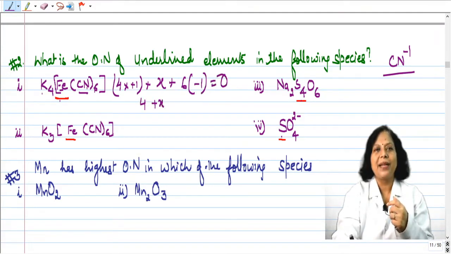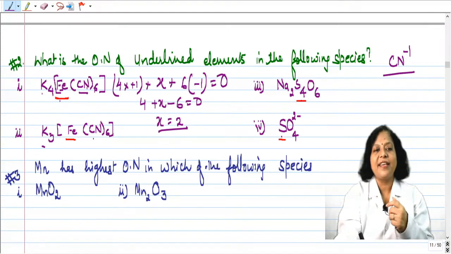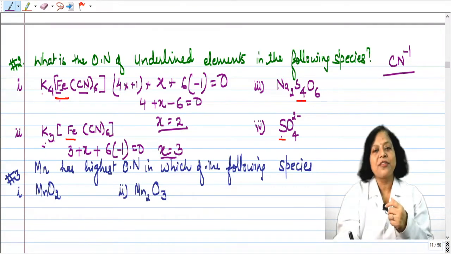So 4 + X - 6 = 0, or X = 2. So iron is in +2 state. Likewise, we can calculate for K3Fe(CN)6. Over here, this will become 3 + X + 6(-1) = 0. So when you solve, X will become 3. So this is ferric.